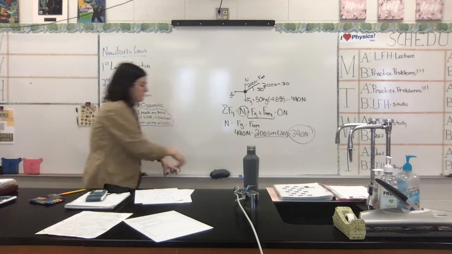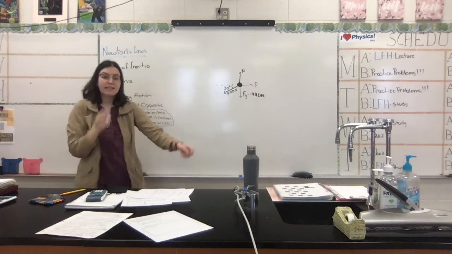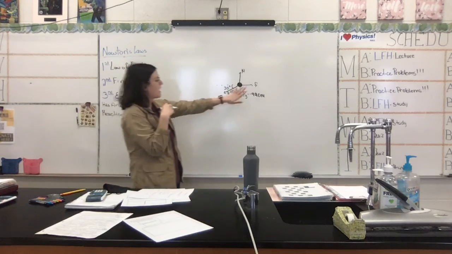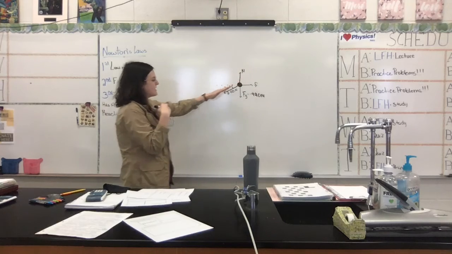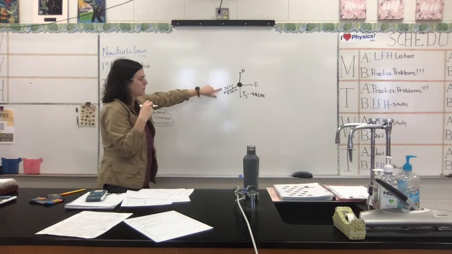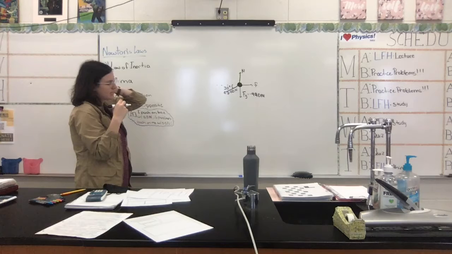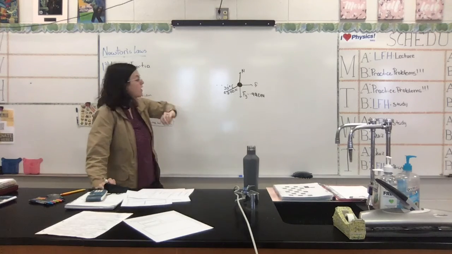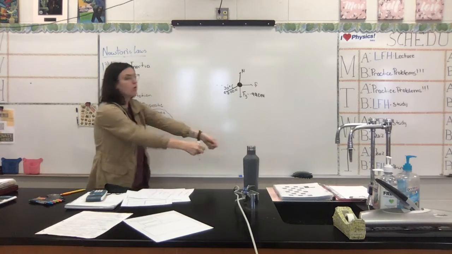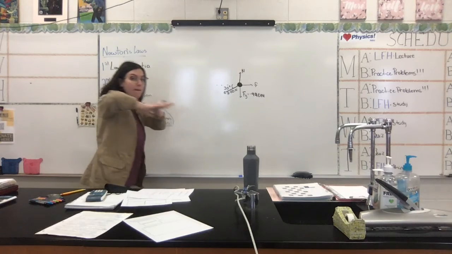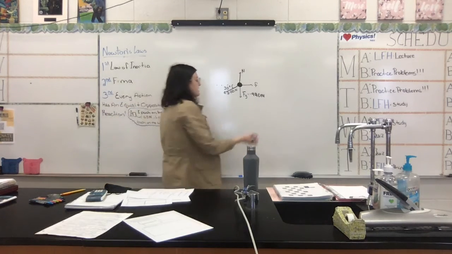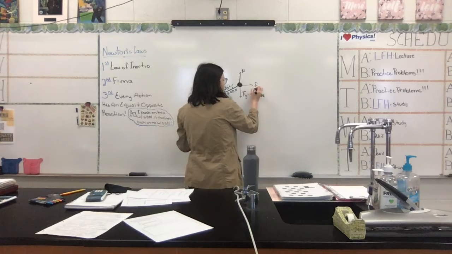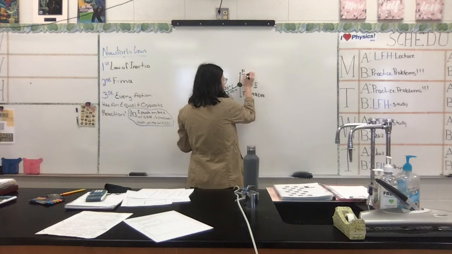Let's move on to number 6 now. Okay, this time we have the same box, but now we're pushing down on it at an angle of 30 degrees with 200 newtons. So instead of pulling it at 30 degrees, we are pushing it at 30 degrees and are asked to find the friction again and the normal force again.